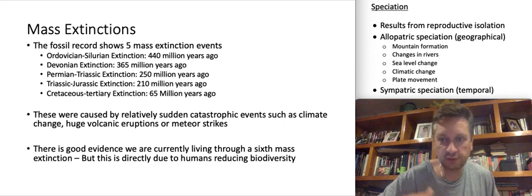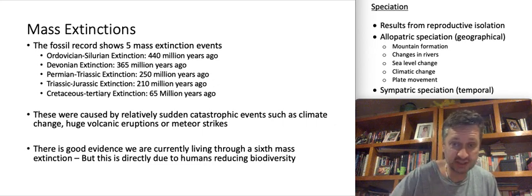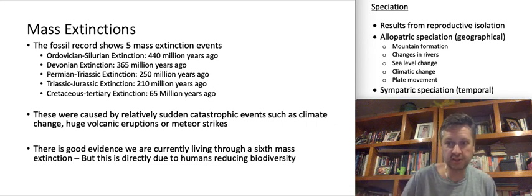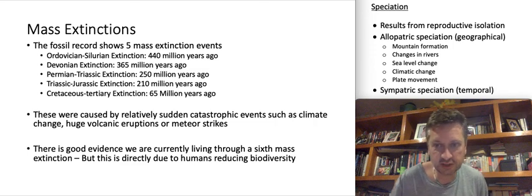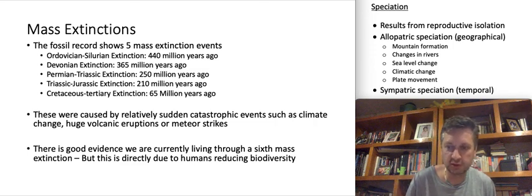Over the fossil record in the past, we can see evidence of 5 mass extinction events. That's not to say that there aren't more that haven't been discovered, but at the moment we think there's evidence for 5 major extinction events.